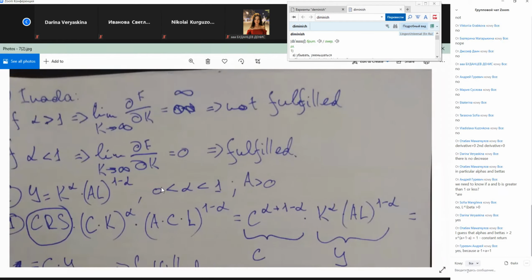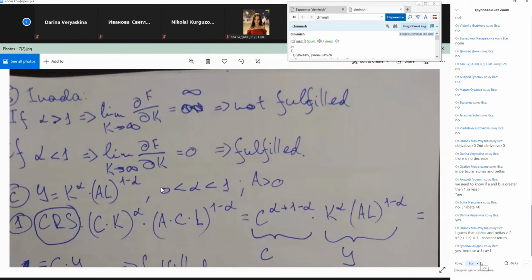So here we multiply both inputs by some constant c, some number. We multiply K and L by this amount, and then we take c out of brackets and see it's c to the power of alpha plus 1 minus alpha, and that is equal to 1.